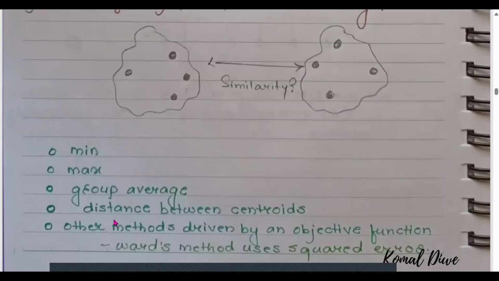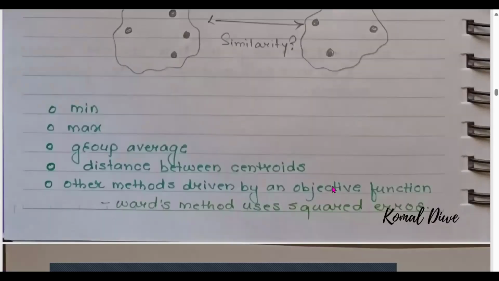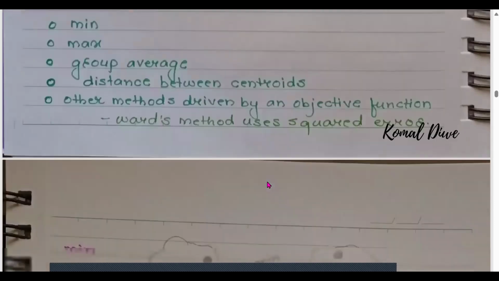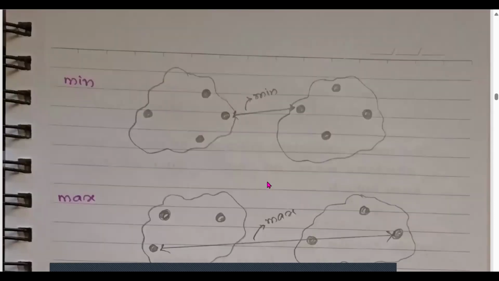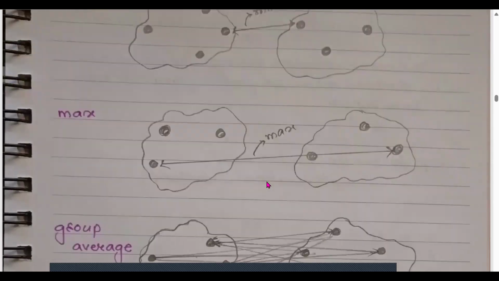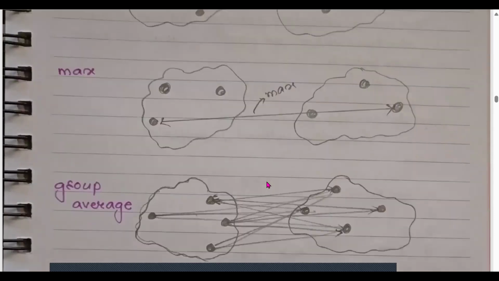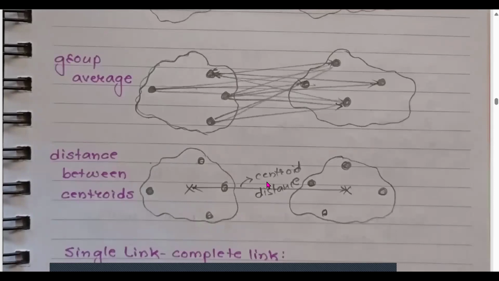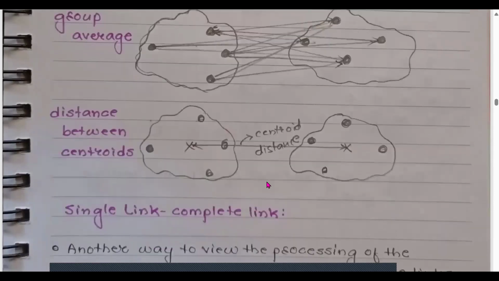Min, max, group average, distance between centroids, other methods driven by an objective function. Ward's method uses squared errors. Minimum, maximum, group average, distance between centroids. Single link, complete link.